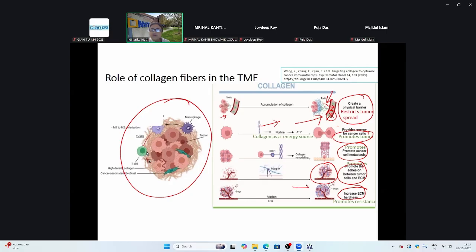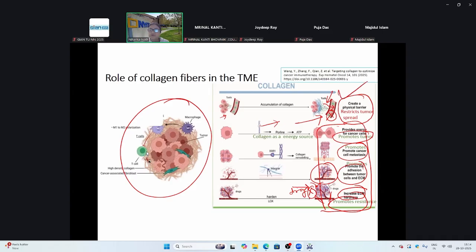If it's very hard, the drug cannot go in. Drugs can never go in, because making collagen everywhere is making everything so hard. So it promotes resistance. So collagen seems to be not a very good thing for normal cells. More collagen was going to be a problem.